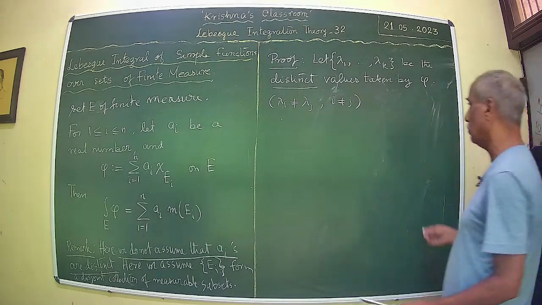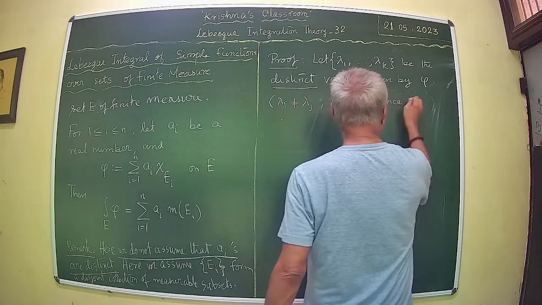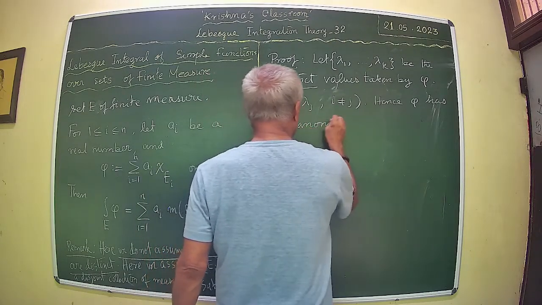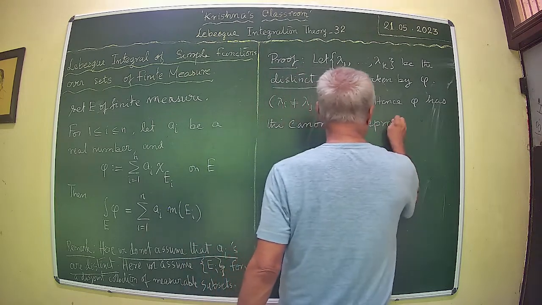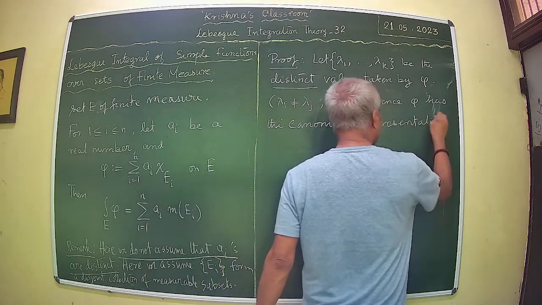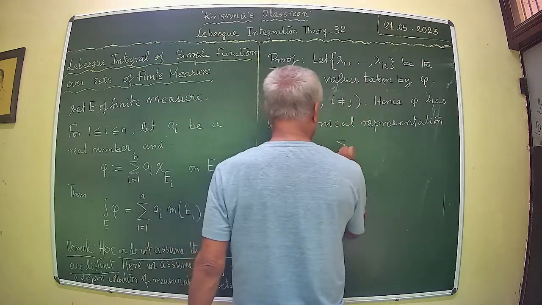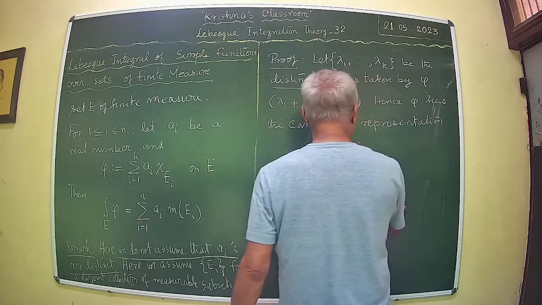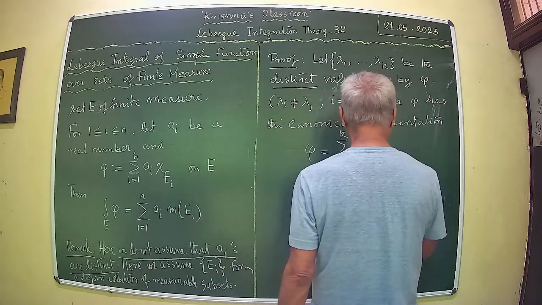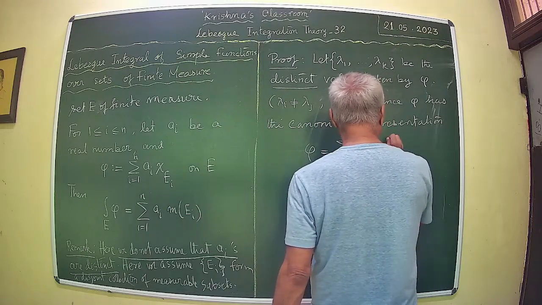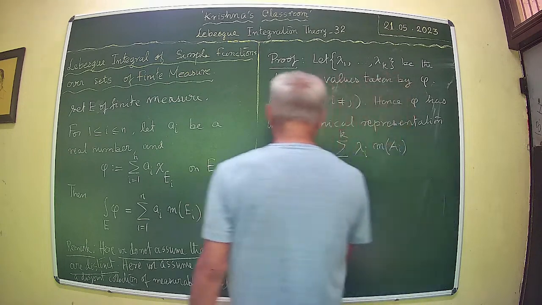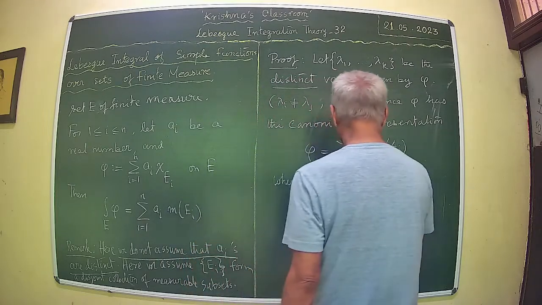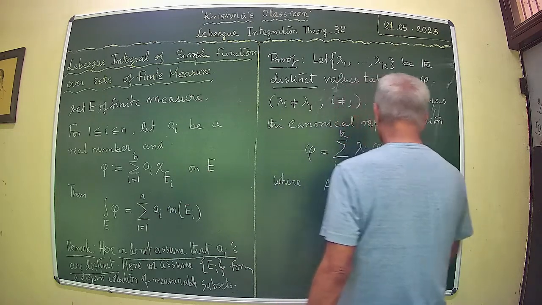So hence phi has the canonical form, the sum from 1 to k of lambda_i times the characteristic function of A_i, where A_i is defined as the collection of all x belonging to E for which phi(x) equals lambda_i.